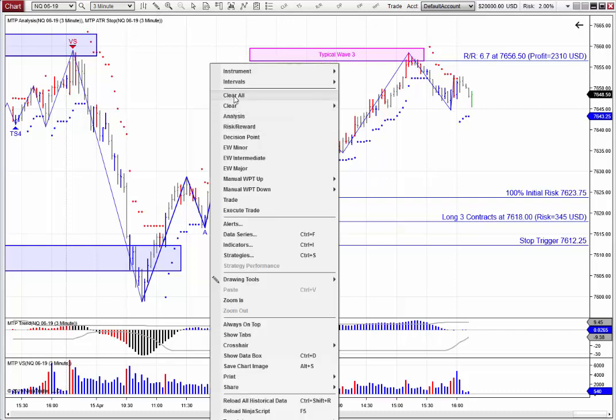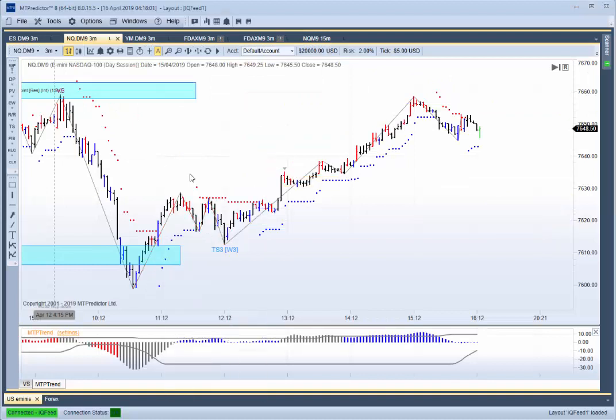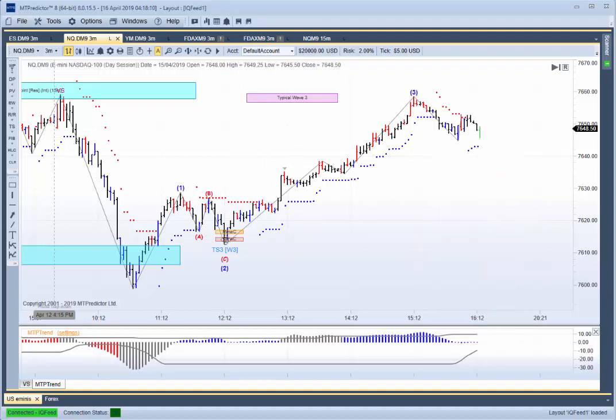And if I place anything, I'll do it back on our standalone version. So again, this is what we're looking for. We're looking for an ABC correction, which is there, into a wave 2 to then have a wave 3 swing after that.